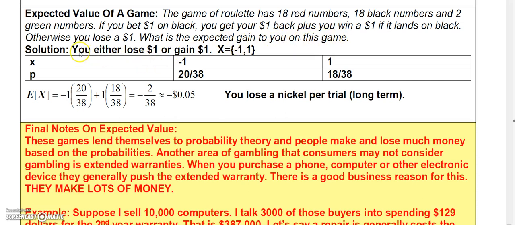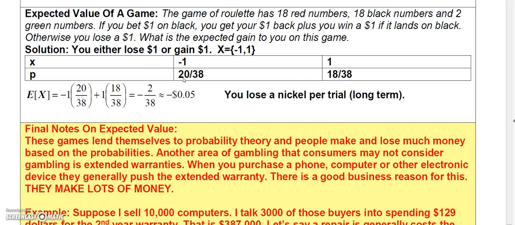Well, first of all, you can either lose $1 or win $1. And if you're going to bet on black, then the chances that you lose $1 would be 20 out of 38, because there's actually 20 places the little ball could land that's not black.